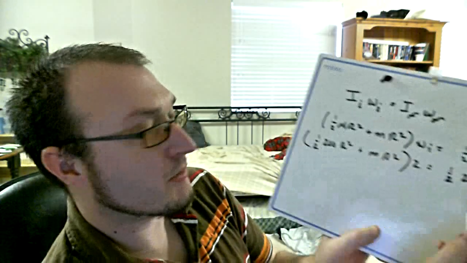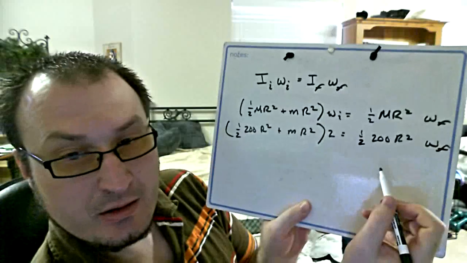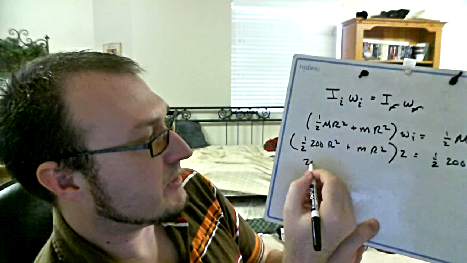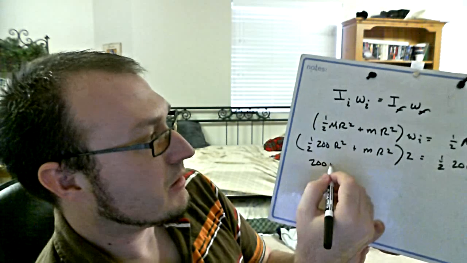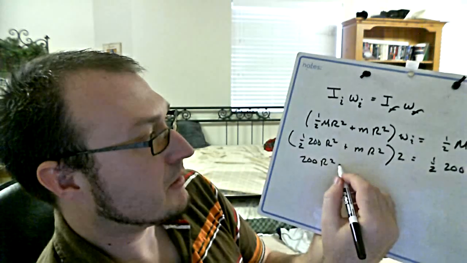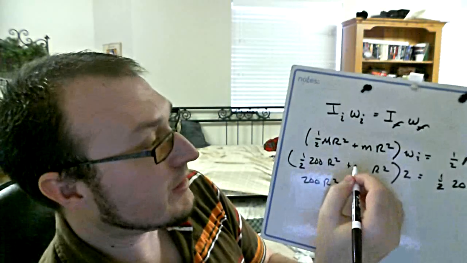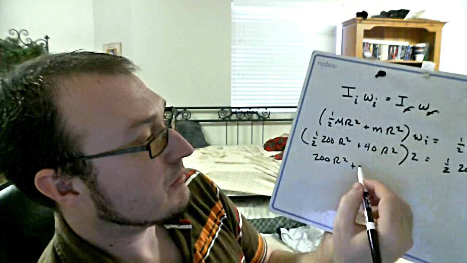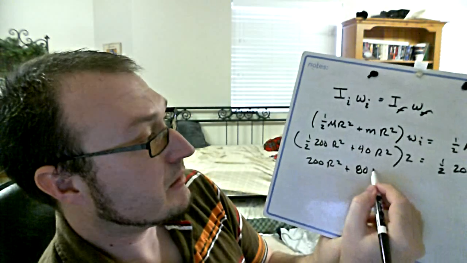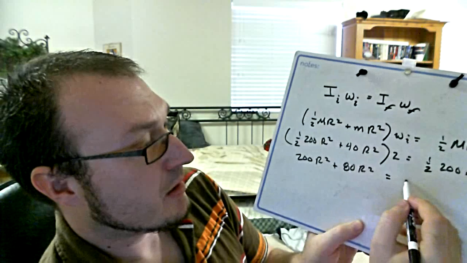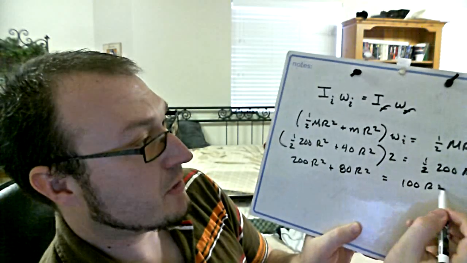Omega f is what we're trying to solve. As I said, the r squared is in, well, I'll do one more step. So this is going to be 200 r squared. Sorry, let me put in the 40 there. Plus 80 r squared plus 100 r squared omega f.